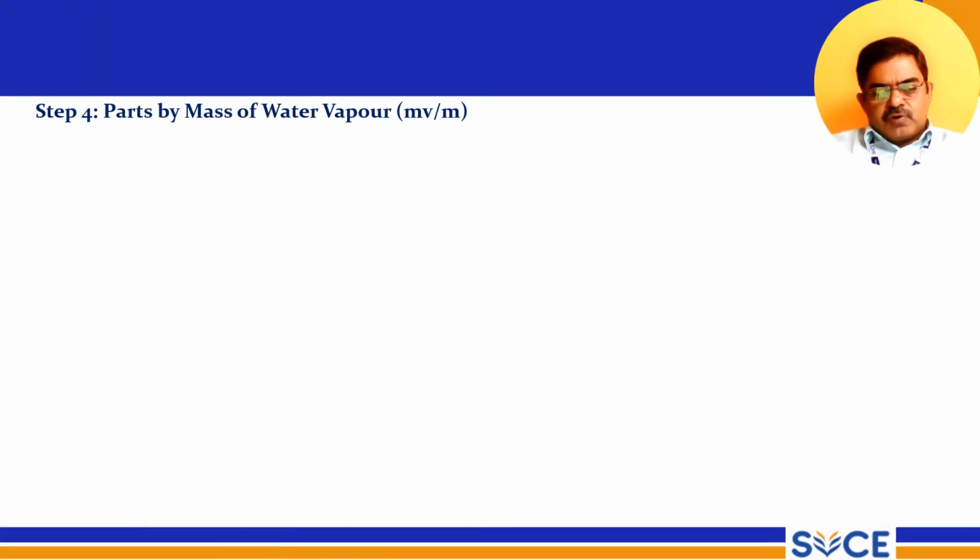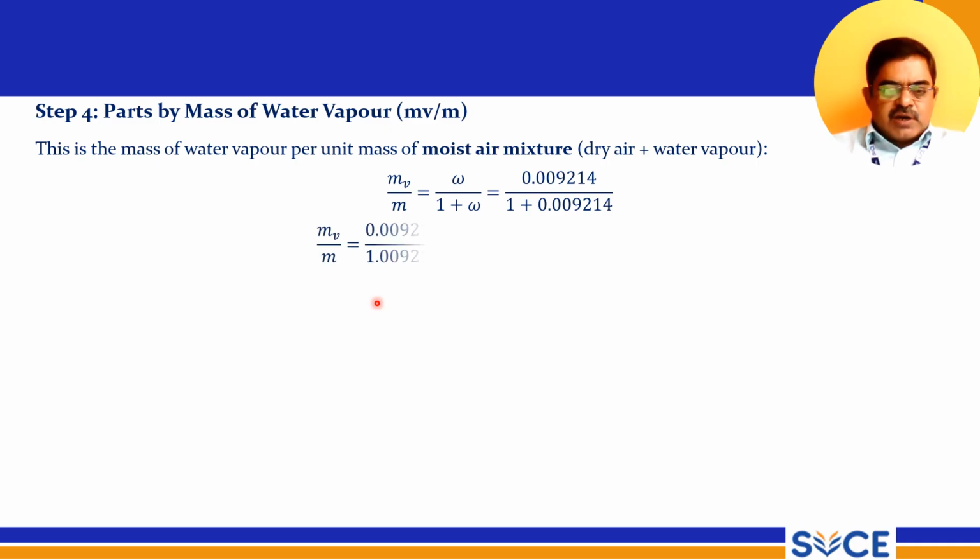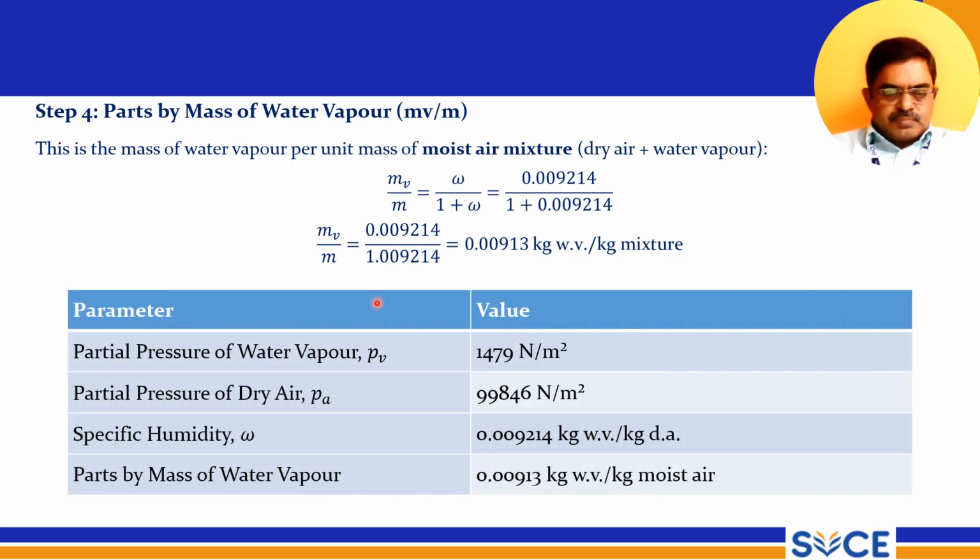Step 4, parts by mass of water vapor, that is mv by m. This is the mass of water vapor per unit mass of moist air mixture, that is dry air plus water vapor. mv by m is equal to omega by 1 plus omega. We know the omega value we have found, and now we can find this ratio. That comes as 0.00913 kg of water vapor per kg of mixture.